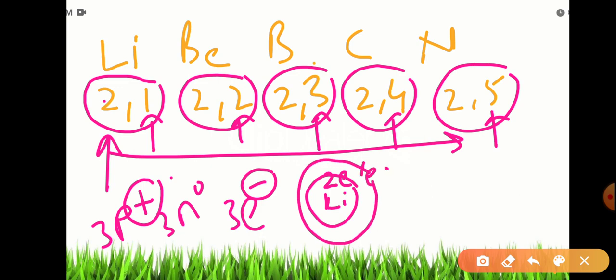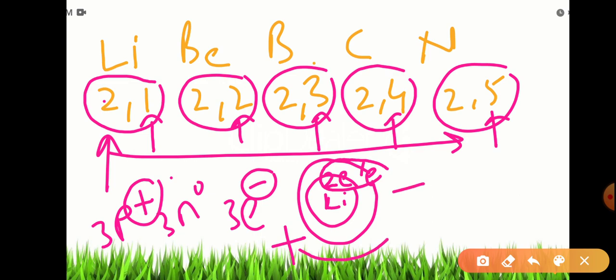Now listen to this. The nucleus of lithium has protons. Protons have positive charge, and the electrons rotating in the shells have negative charge.